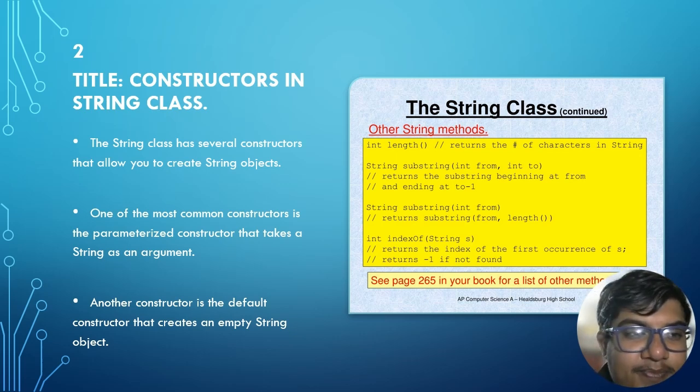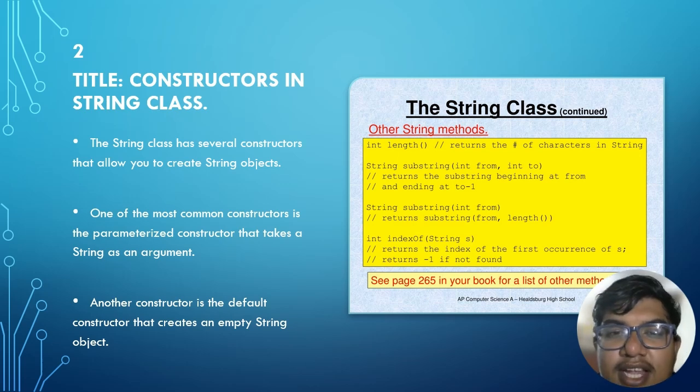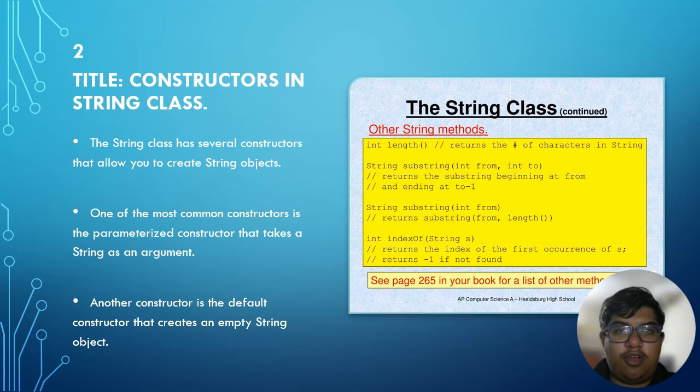The string class has several constructors that allow you to create string objects. As you know, Java is object-oriented programming, so the classes are accessed by creating objects. The class acts as a blueprint while the object uses that blueprint to function.